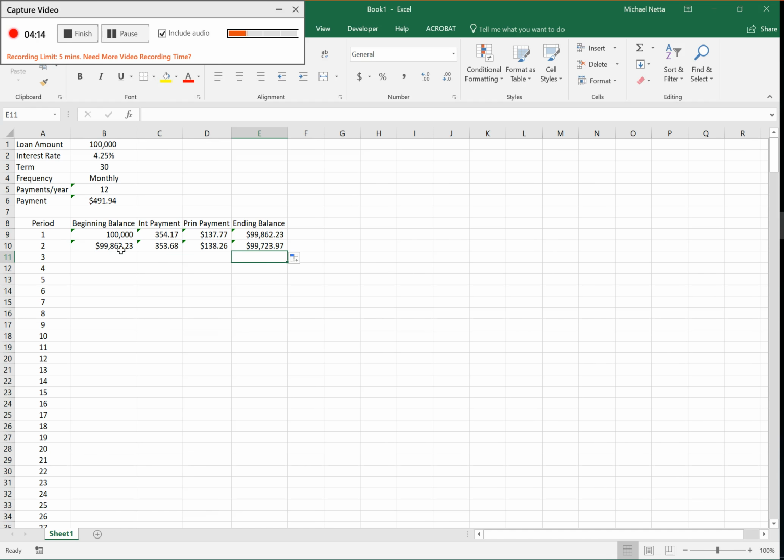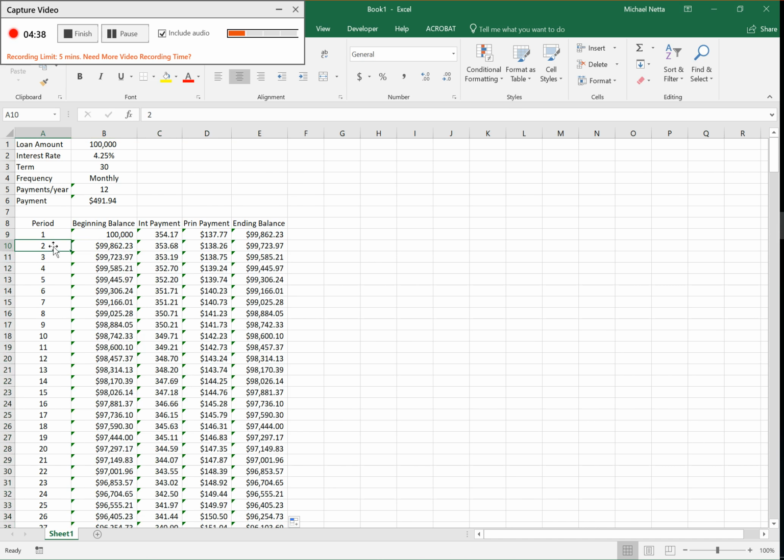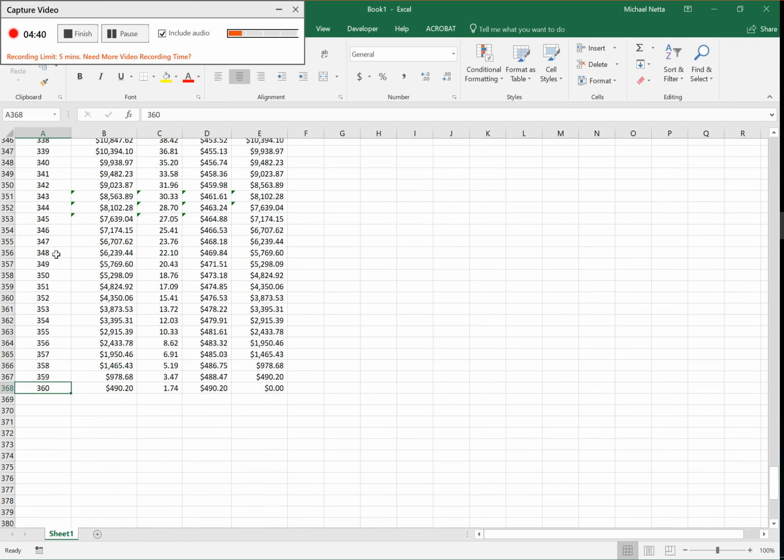Now to simply take this out for the whole 360 payments, we highlight it, and then we hover our mouse pointer, where this cross is, over the bottom right-hand corner of this highlighted region, and we double-click it. Double left-clicking it copies all of these formulas down for this whole table that was set by the periods.